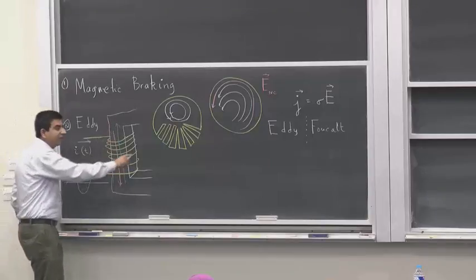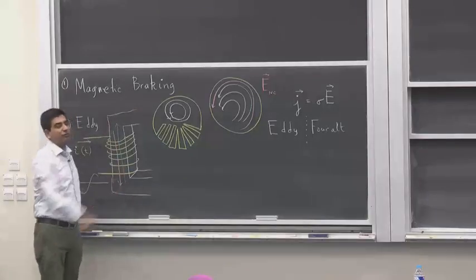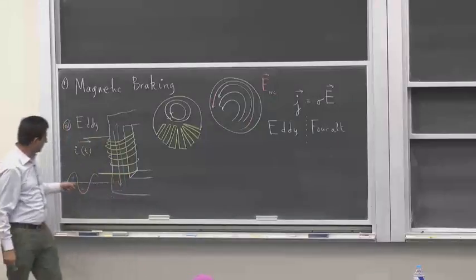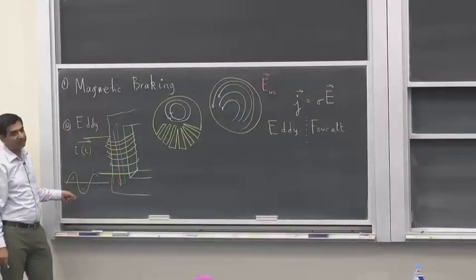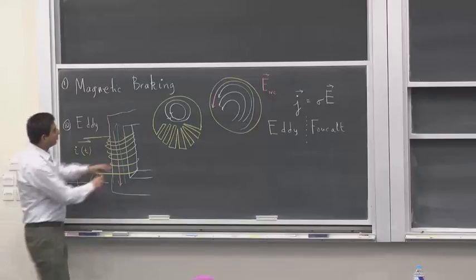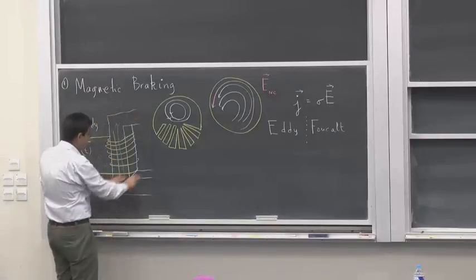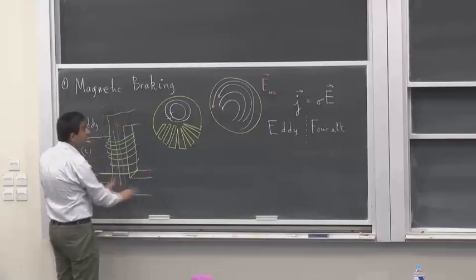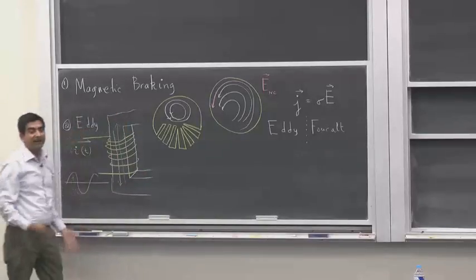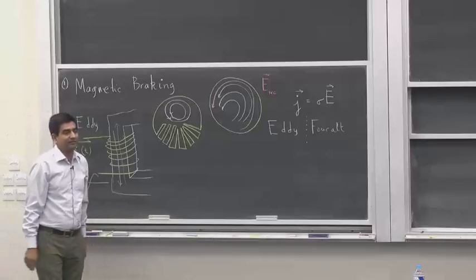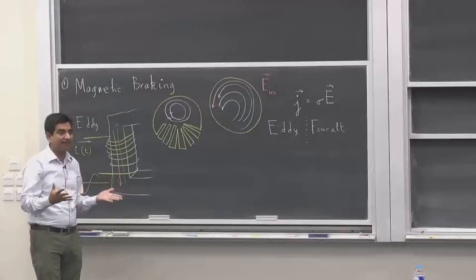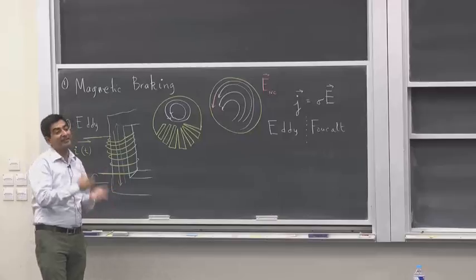So you have a flux that is circulating in the core yoke of this transformer, and the flux is constantly changing because this current is changing. The flux depends upon the current. Now whenever you have a changing flux through a medium, for example, a conducting medium or a partially conducting medium like iron, iron is conducting. You need a soft material such as soft iron, but that's the downside, it's conducting.